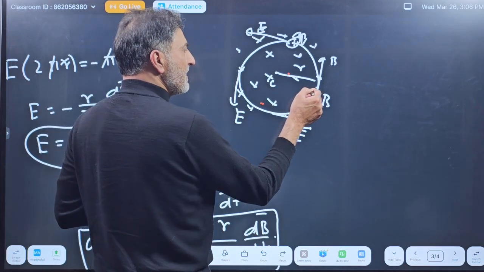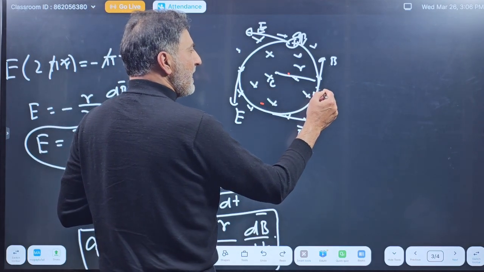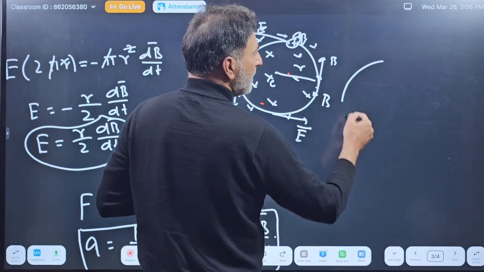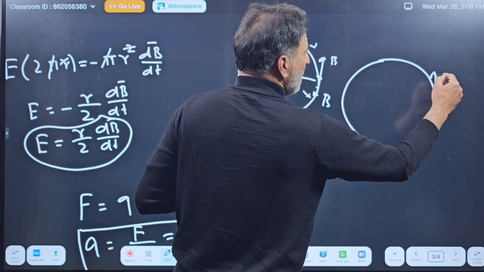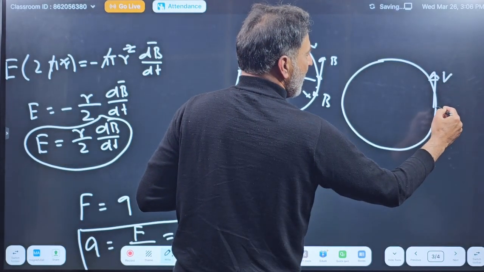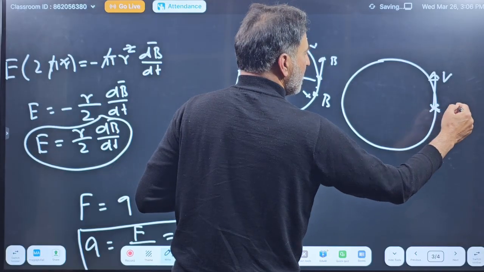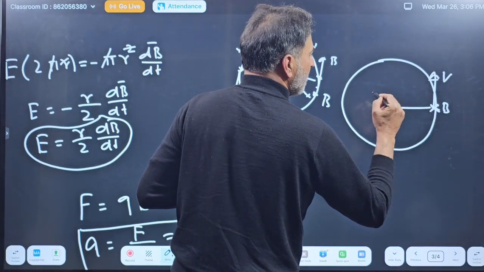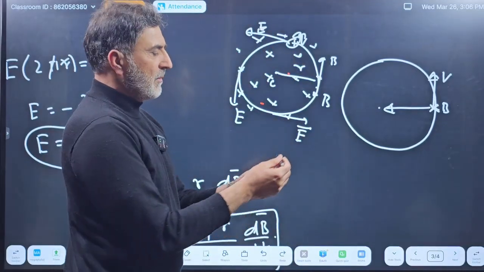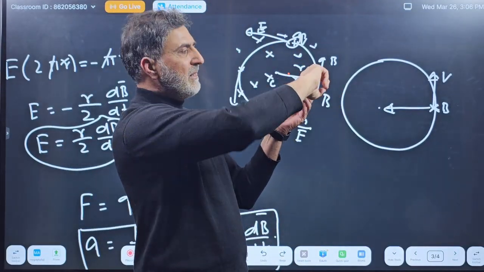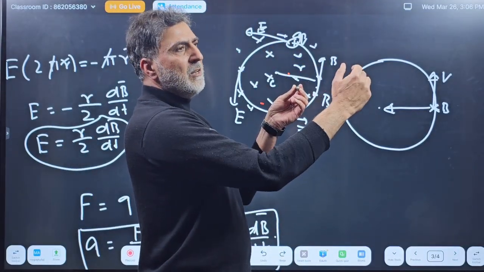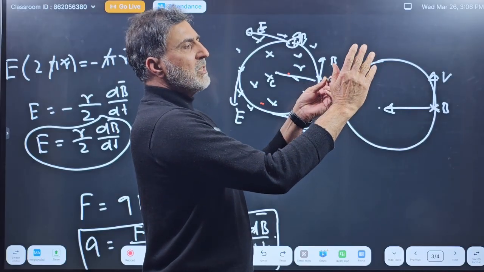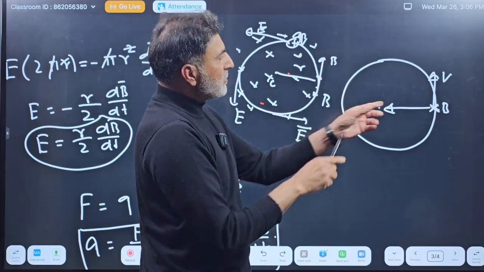This is the direction of the velocity, and this is the magnetic field. If you go V cross B, the force is towards the center. The velocity is tangential, and V cross B is toward the center.